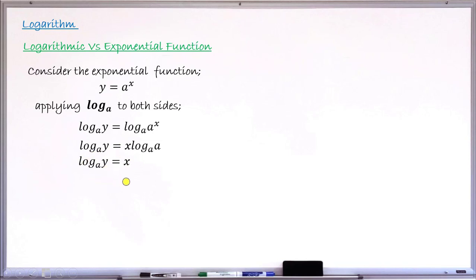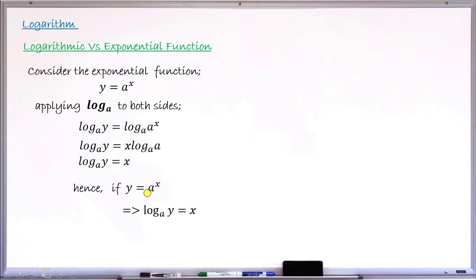That will enable you to write the relationship. Hence, if y equals a raised to the power of x, that is, your typical exponential function, to change it to a logarithmic equation, you now write log to base a of y equals x.